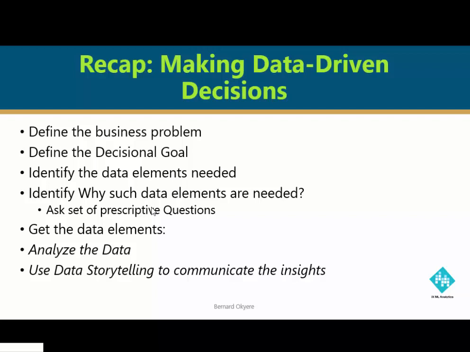Then, when you have this goal, the next thing is to identify the data elements, sources of data or data subjects that you need to analyze to help management or senior management, the decision makers in the organization, make data-driven decisions.